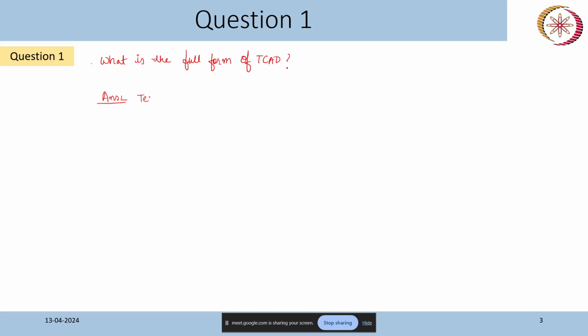Okay. So these tools we use to design our experiment or design our device or design our circuits or systems.